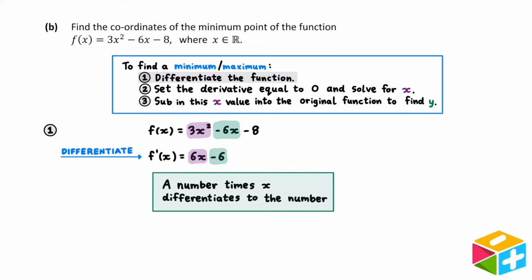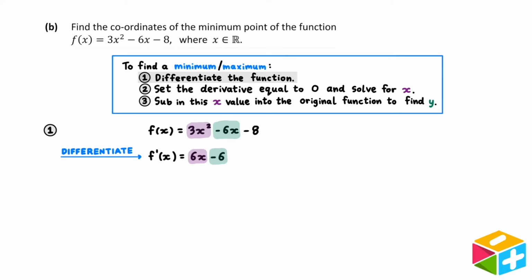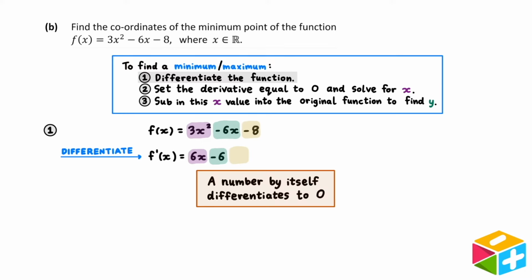Now, let's differentiate the minus 6x. And there's a useful differentiation fact which says that a number times x differentiates to the number. So minus 6x differentiates to minus 6. Finally, we have to differentiate the minus 8.